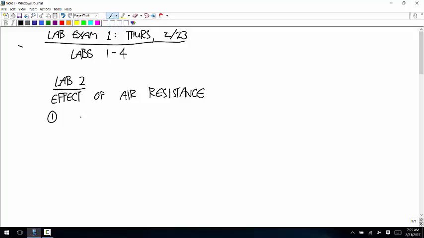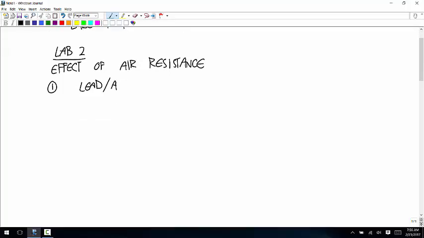And when we dropped those from 1 meter, even the difference between lead and cork, air resistance didn't really change anything, right?